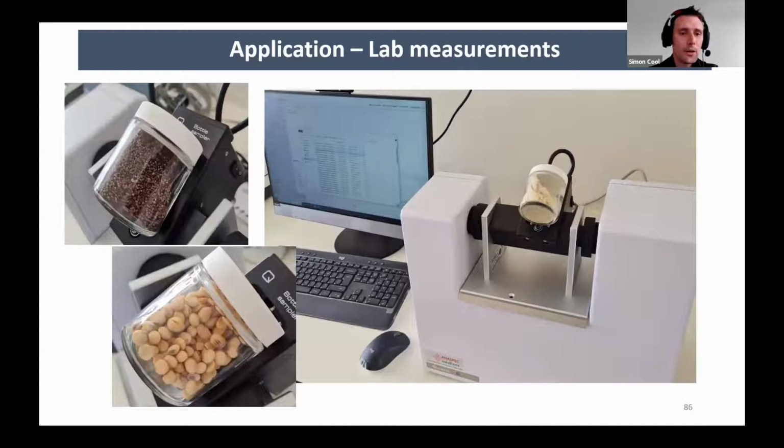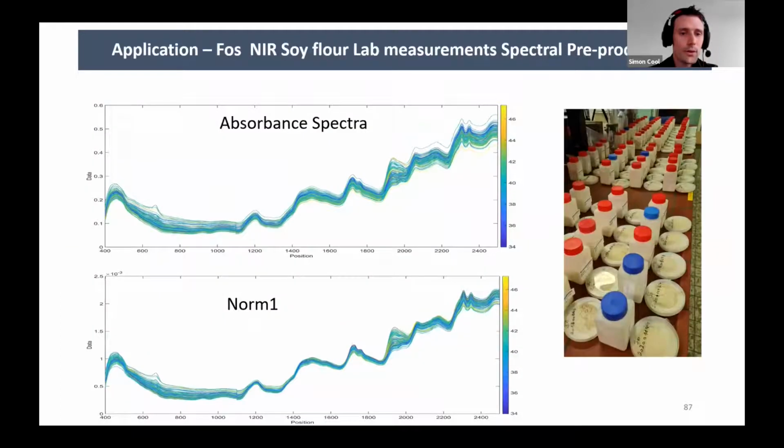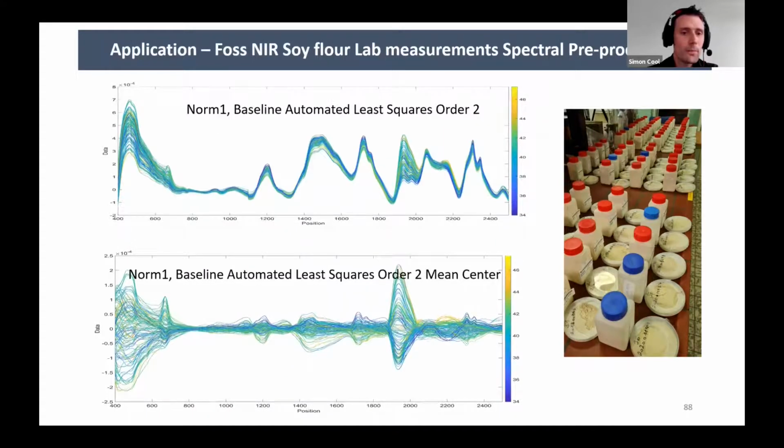Here you see the quinoa sample being processed and also a soy sample being processed. Here are the raw absorbent spectra. So in contrast to the spectrums before, we talk now about absorbance. You see also underneath the first pre-processing method, normalization, which results in a little bit more interpretable result.